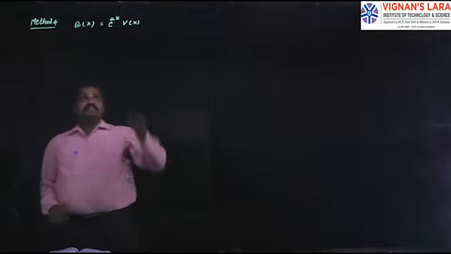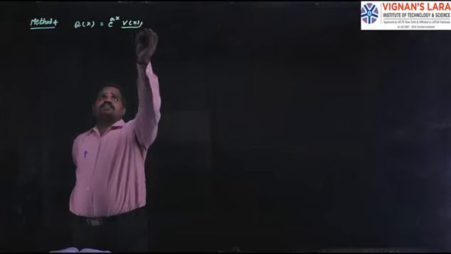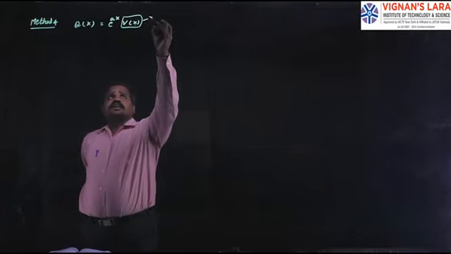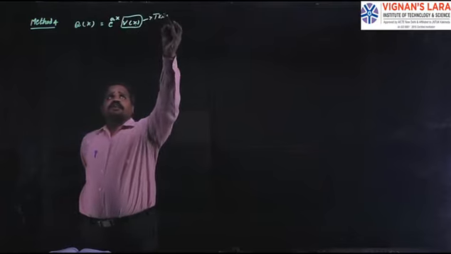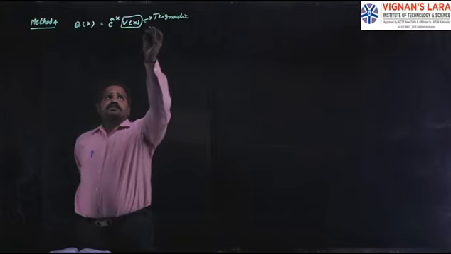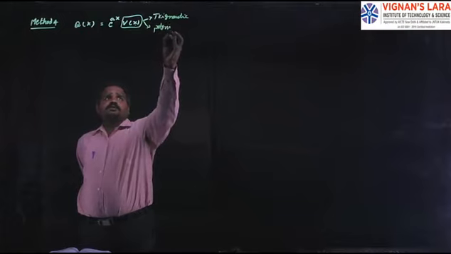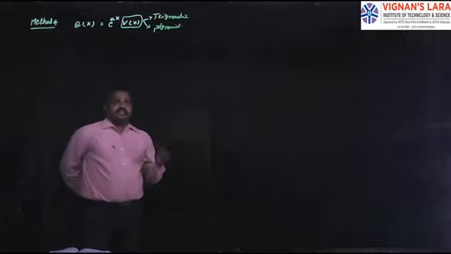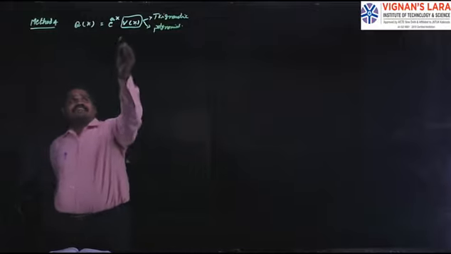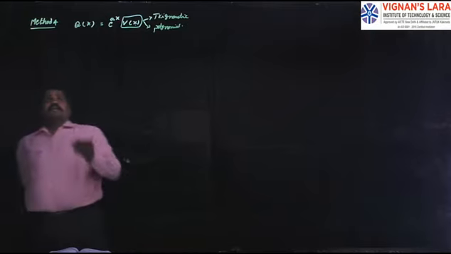That x is the independent variable, and that v is either trigonometric or polynomial. If v is either trigonometric or polynomial and multiplied by e power x, then we go through method number 4.